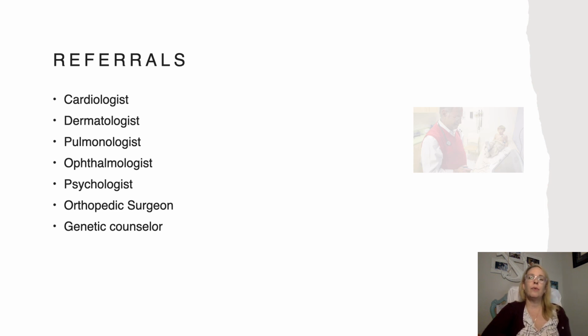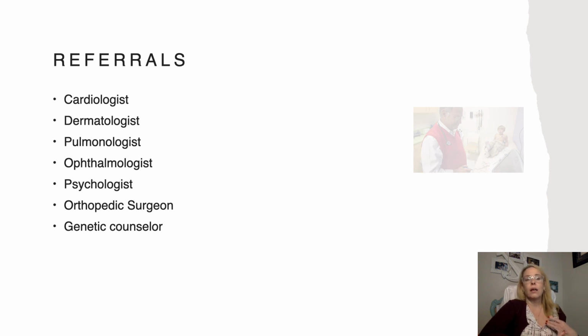So who might we refer this patient out to? The patient should initially go to pretty much all of these specialties at initial diagnosis or when you suspect it, to get a baseline and then follow up according to that provider, unless in the case of an acute exacerbation. So we know that Marfan's affects the heart. That's the biggest concern and what really needs to be watched.